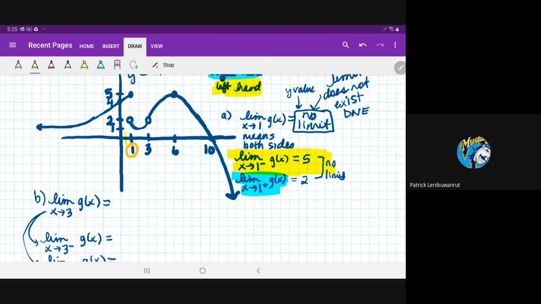So 2.5 or 2 is right here. 2.5, 2.9, 2.999, 2.99999. So use your left hand to trace where I'm writing in orange. Sometimes I'll go back a little farther, but basically I'm going towards this location.